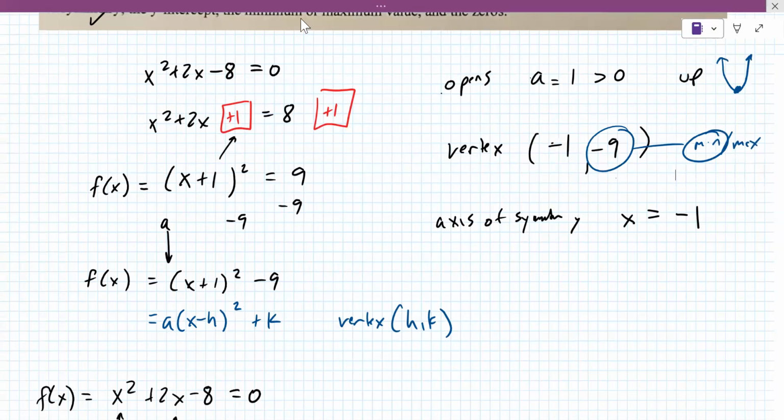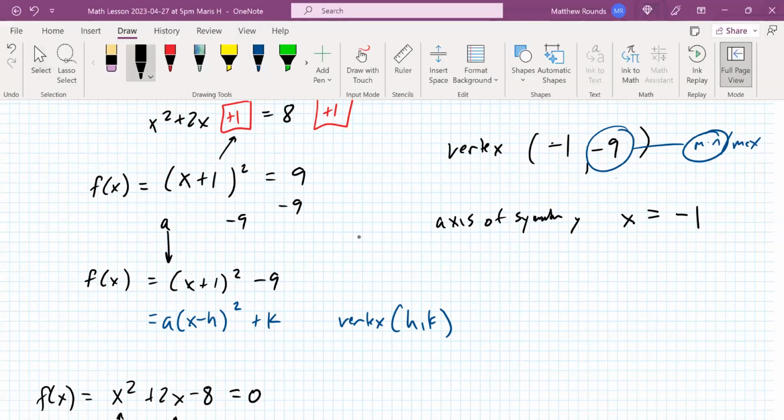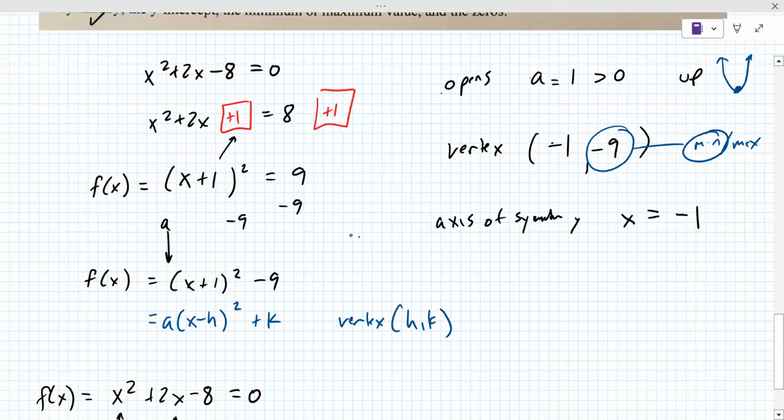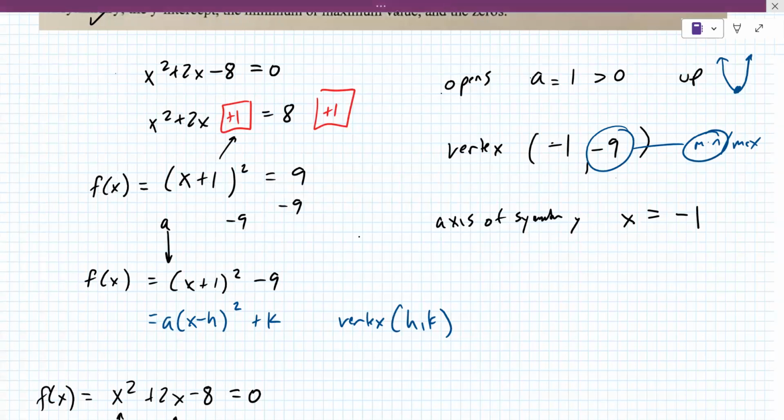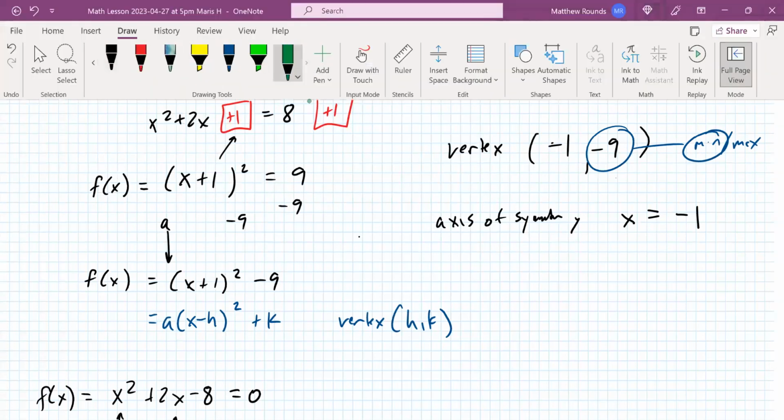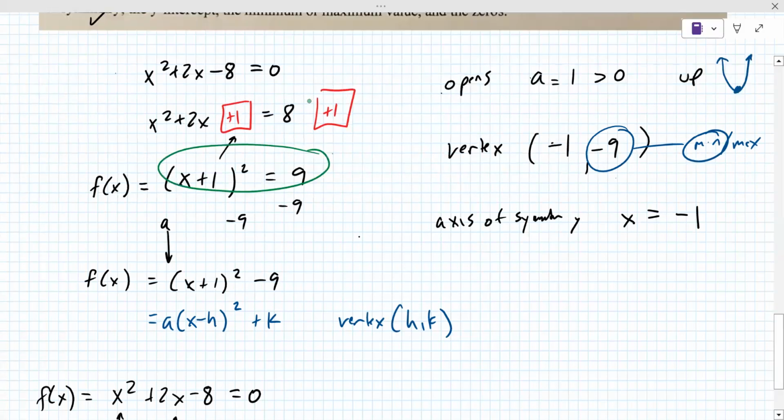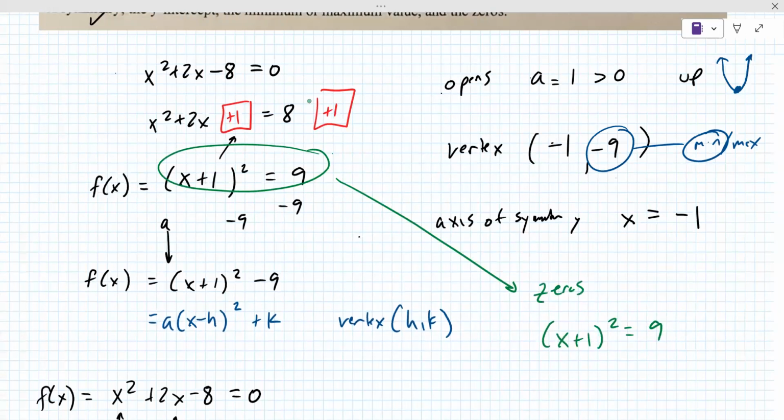And then the last thing are the zeros. The zeros really come from either the original, if you can factor, either this original up here on the left that you can factor, or kind of this completing the square step. Since we already did the completing the square, I would recommend doing the zeros from here and solving for x basically.